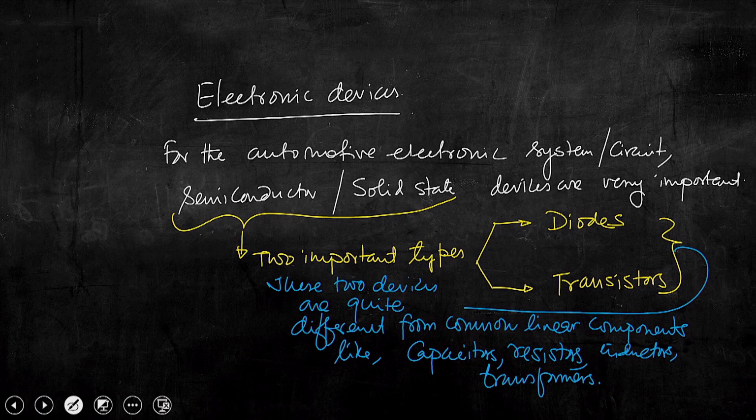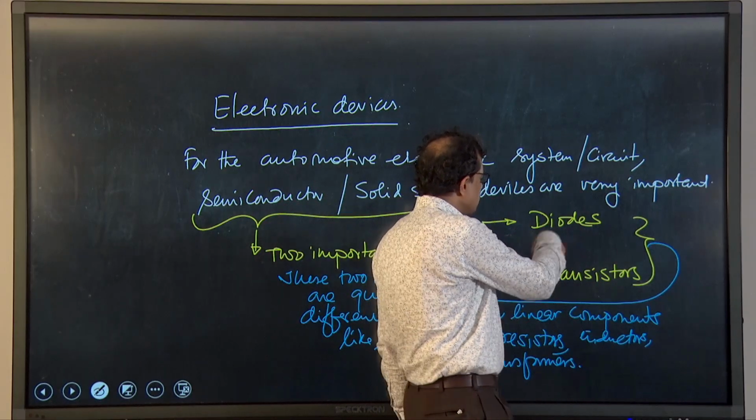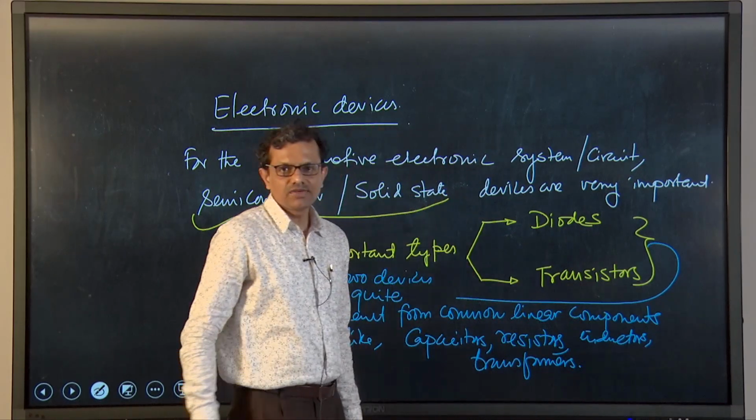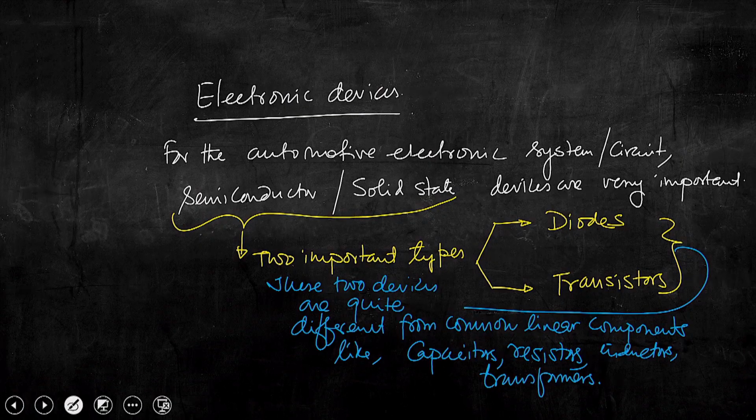Okay. So, now in this class, as I said, we shall be focusing on these two, diodes and transistors. So, let us first discuss about diodes, and then if time permits we shall discuss about the transistors.